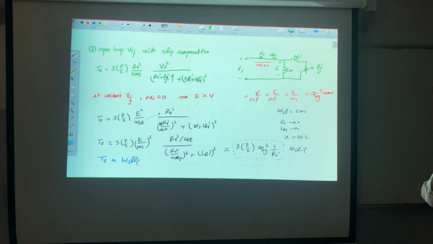Someone will say, wait, why are you doing all of that mathematics if you can prove it from the torque speed characteristic?